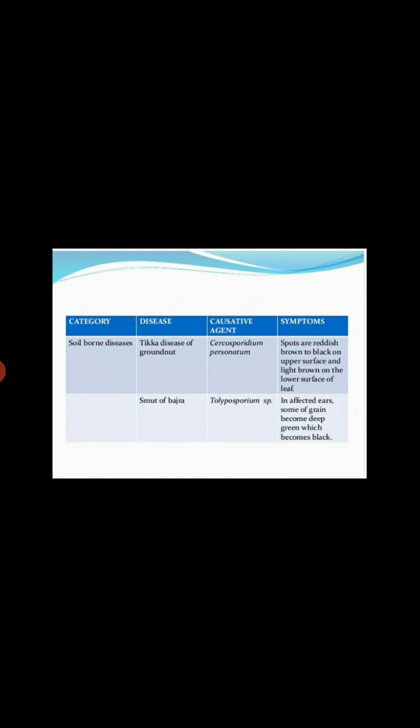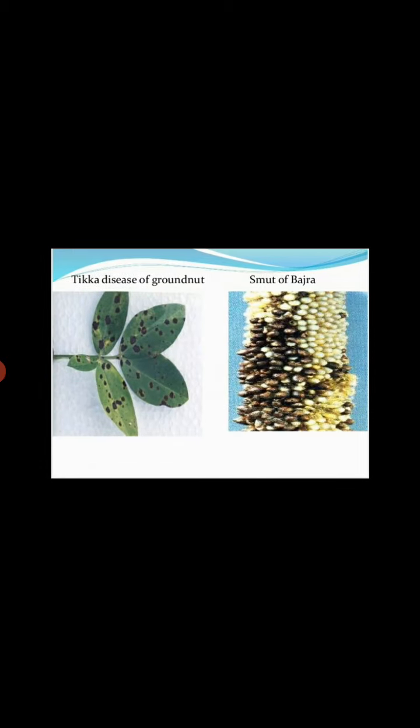Soil-borne disease: tikka disease of groundnut. Symptoms: spots are reddish brown to black. You can also see in the picture tikka disease of groundnut, smut of bajra. They will completely destroy the crop if not treated at a particular time. Then waterborne disease: bacterial blight of rice, Xanthomonas oryzae.